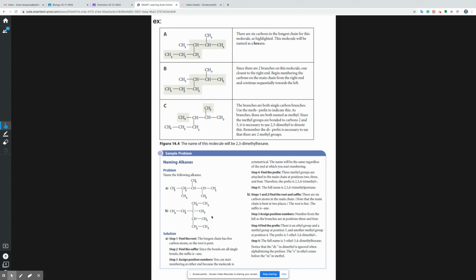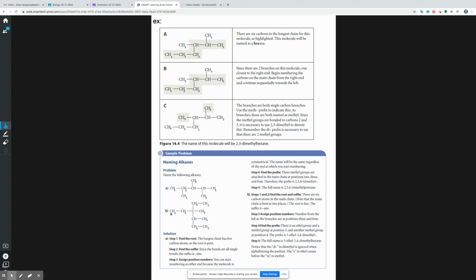Okay, and for this one, we have to count out what our longest chain is. So if we have 1, 2, 3, 4, 5, 1, 2, 3, 4, 5, 6, our longest chain is a 6-carbon chain. Now, looking at that 6-carbon chain, we want to start our numbering. If we start here, it'd be 1, 2, 3, 4.